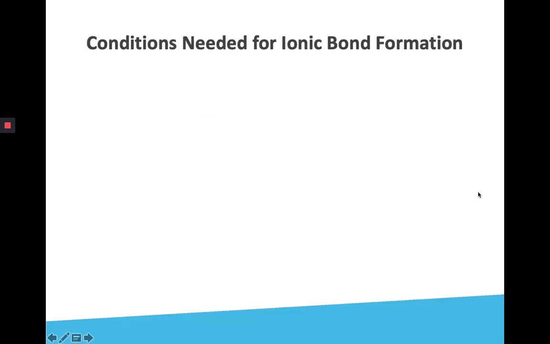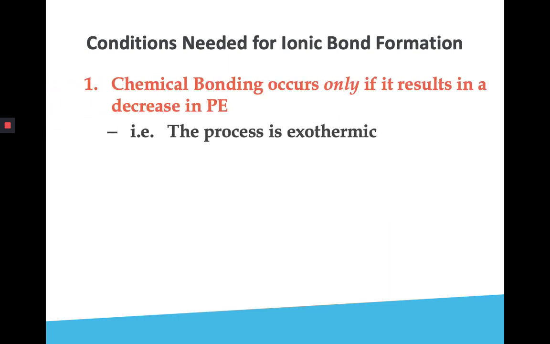All right. So in terms of energetics, these are the conditions needed for an ionic bond to form. Okay. So generally, chemical bonding occurs only if it results in a decrease in potential energy. By now, if you have started atomic interactions and if you look at the graph in the simulation, you will notice that there is really a dip in energy, a minimum value of potential energy.